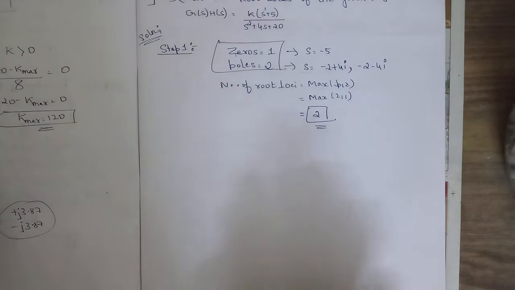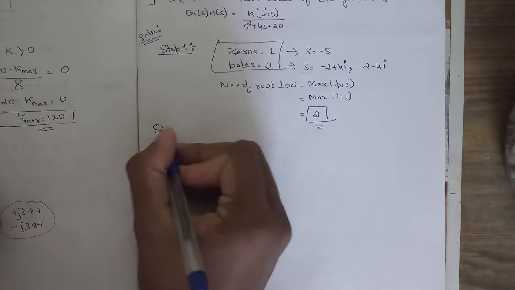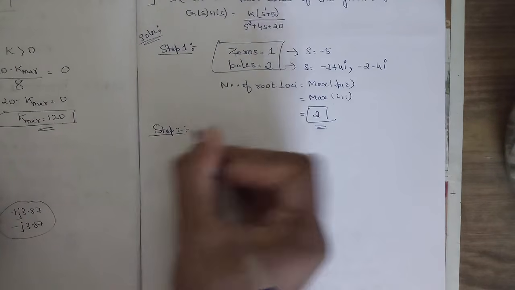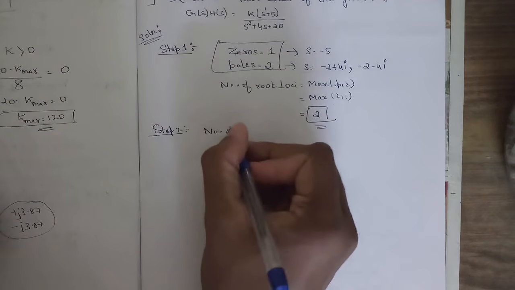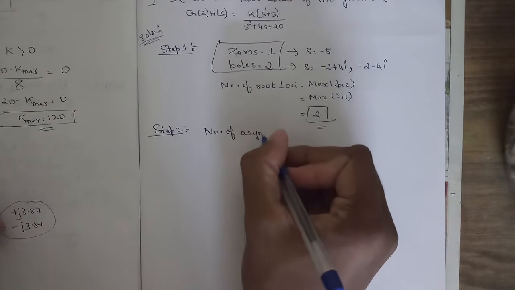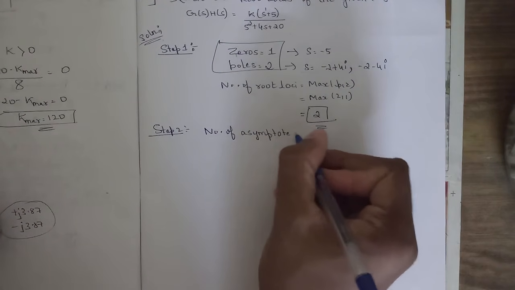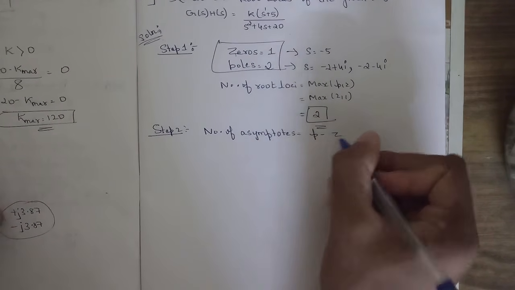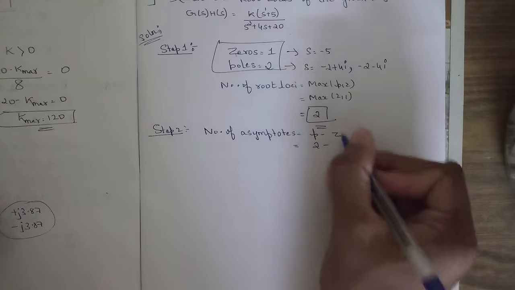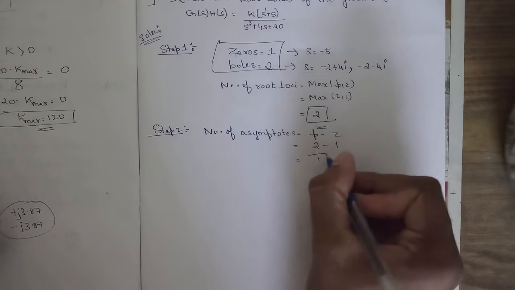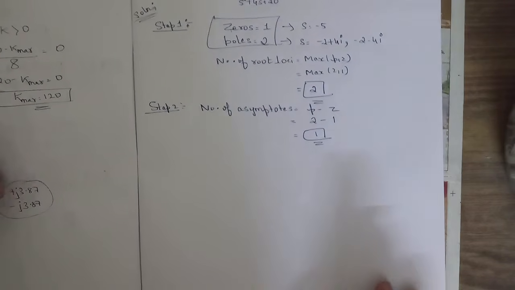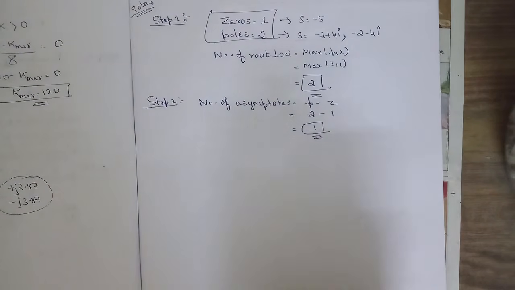Now let's solve further, that is step 2. The number of asymptotes, or number of straight lines, is the number of poles minus the number of zeros. Poles are 2, zeros are 1, so we get a single asymptote, a single straight line.